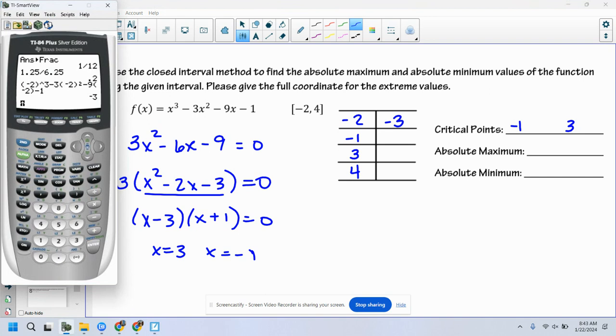Let's plug in negative 1. So we have negative 1 to the third minus 3 times negative 1 squared minus 9 times negative 1 minus 1. Should just punch that in again, which is positive 4.